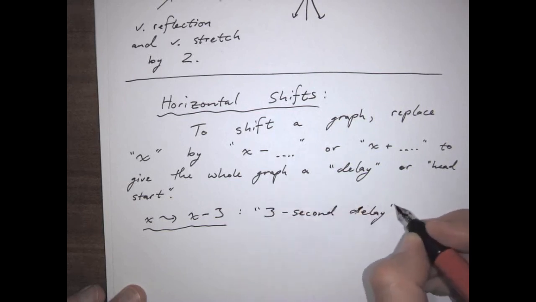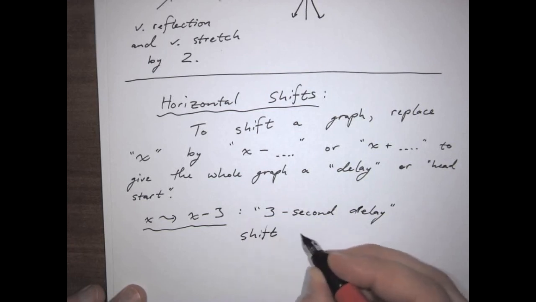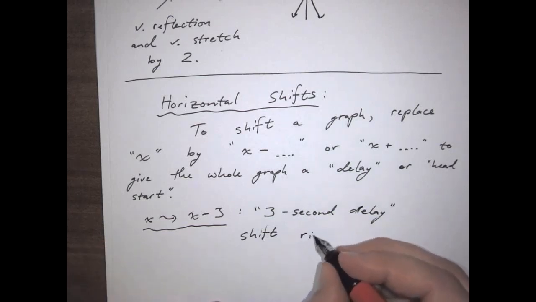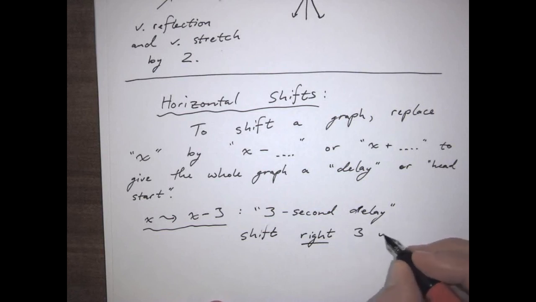Which in other words means shift to the right. If the whole graph is getting delayed, shift right 3 units.